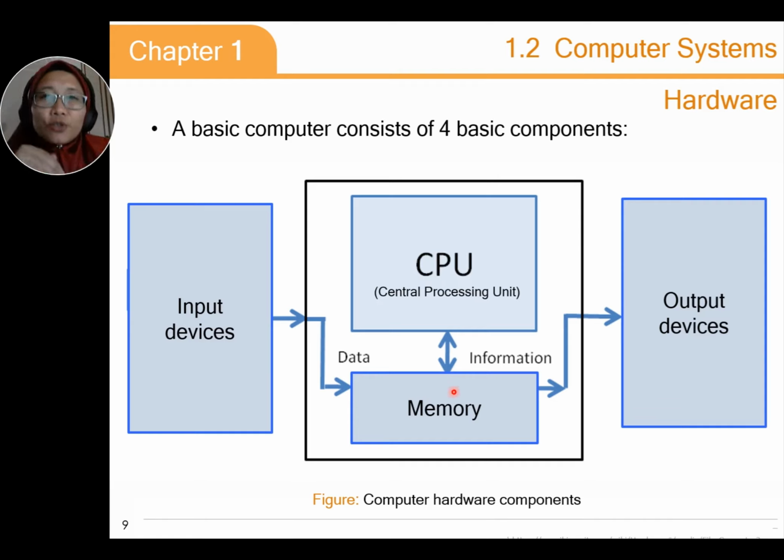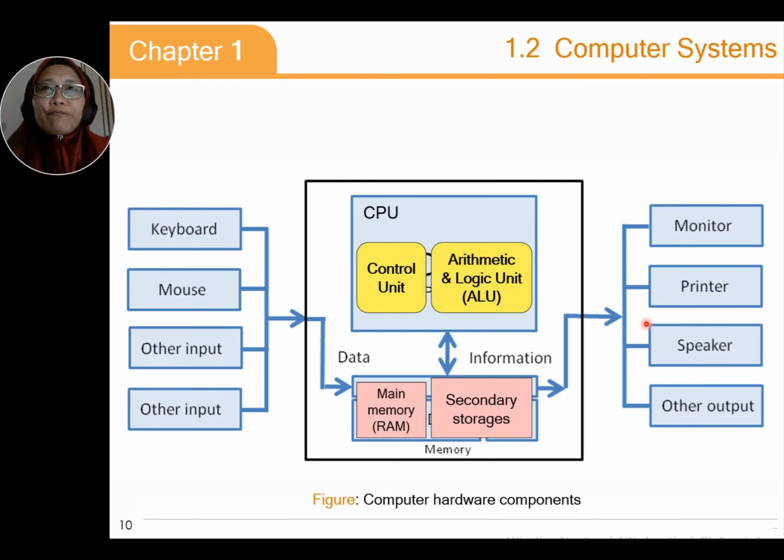So data is stored into memory, then is sent to the CPU. CPU stands for Central Processing Unit. And of course, we know from the name, it processes and then it sends information back to memory to be stored. And then information will be sent out to output devices. Now, let's look at a more detailed version of this figure in the next slide.